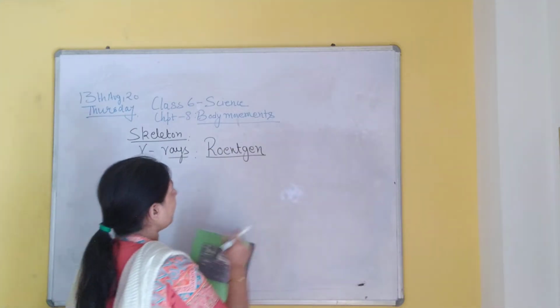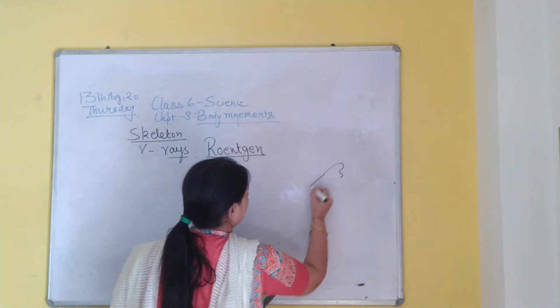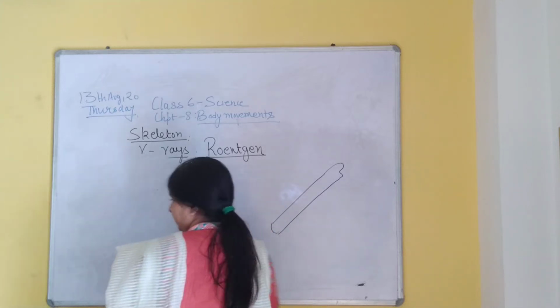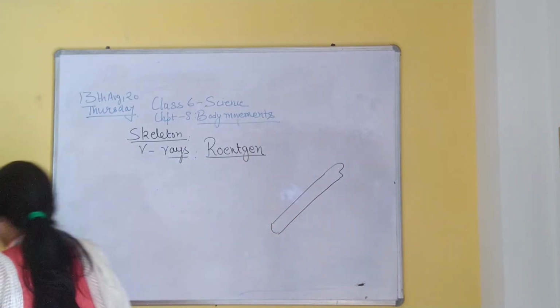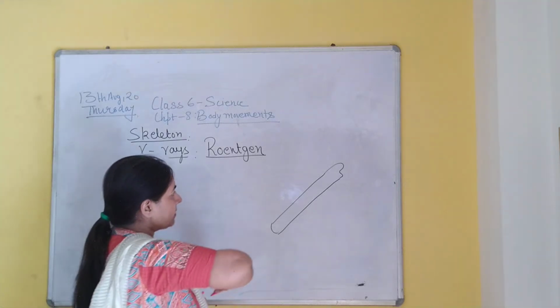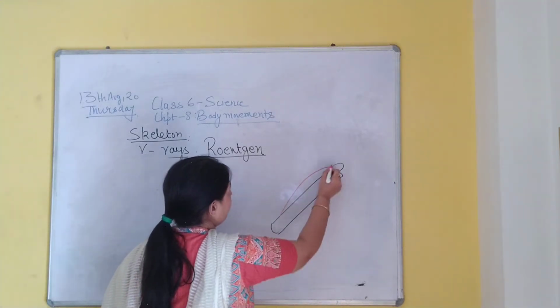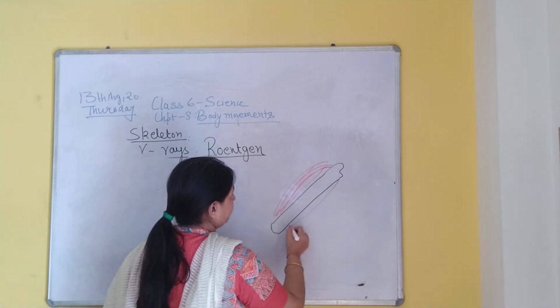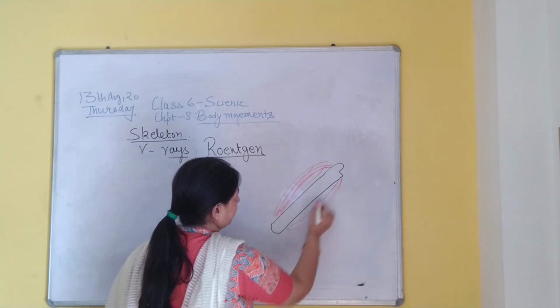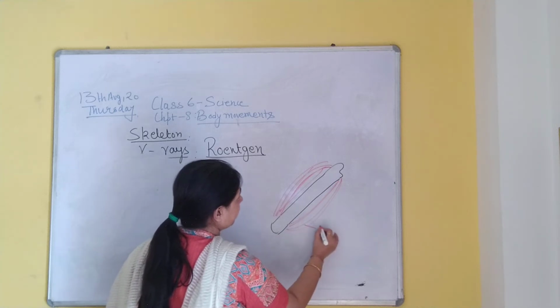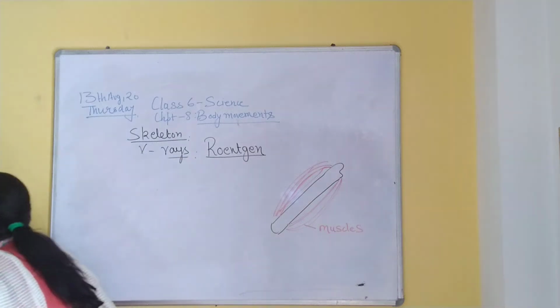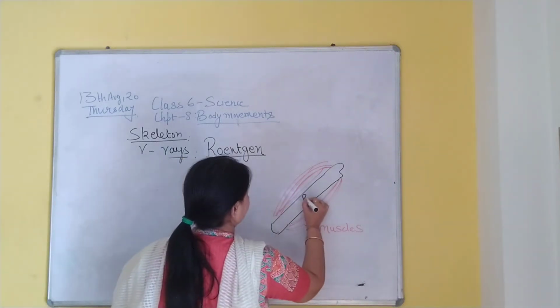So if I draw a bone like this, मान लीजिए ये आपकी bone है, this is your arm bone, then we can see that there are some muscles attached to it. The bones are attached to the muscles. These red structures, they are muscles, and this is the bone.